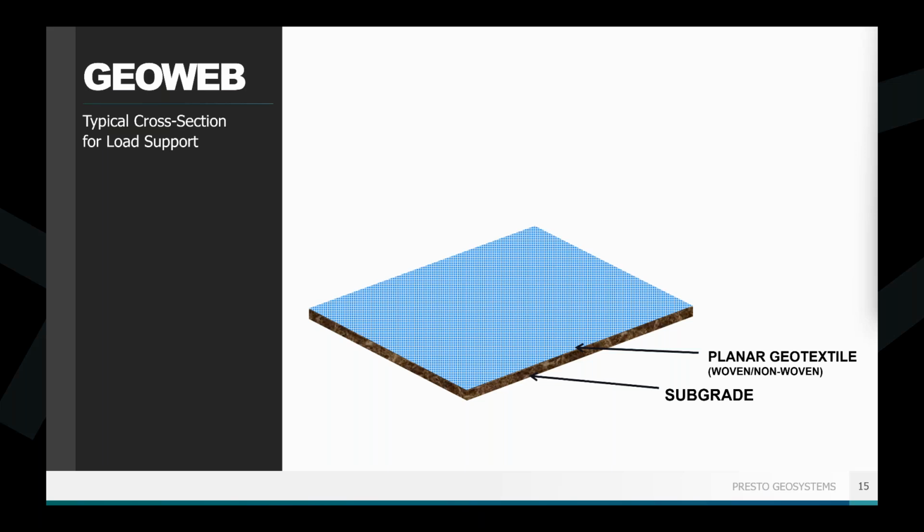So that's something that's really important, because you don't want to have pore pressure buildup underneath the GEOWEB panels. That's not good for anybody. That's going to lead to issues down the road. So just something to keep in mind, but we will help determine what kind of geotextile would be necessary based on your project specific applications.